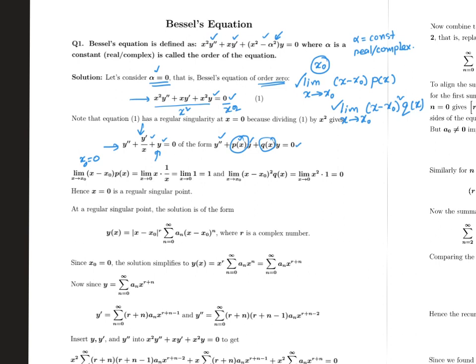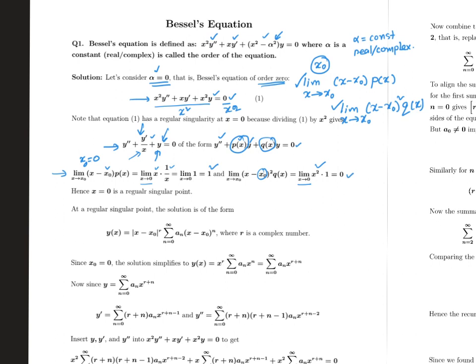And as you can see, it's pretty straightforward. Since x naught is 0, our limit as x goes to 0 of x times p of x, where p of x is 1 over x, the coefficient of y prime, gives me 1. And similarly, the limit as x goes to 0 of x squared, because x naught is 0, times q of x, which is just 1, the coefficient of y, is 0.